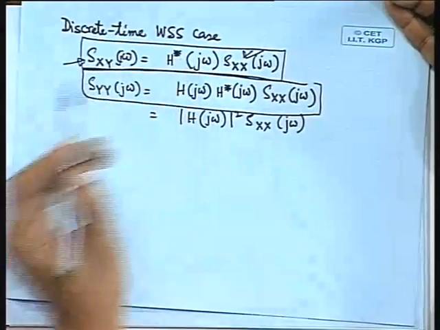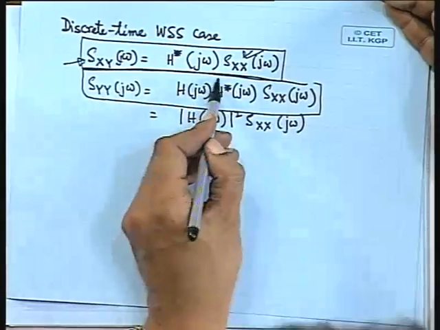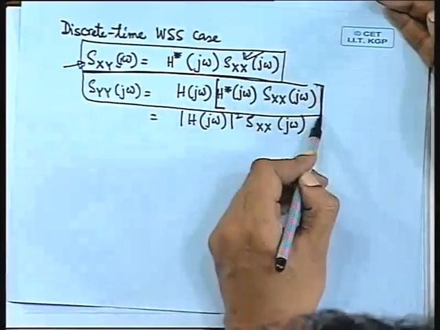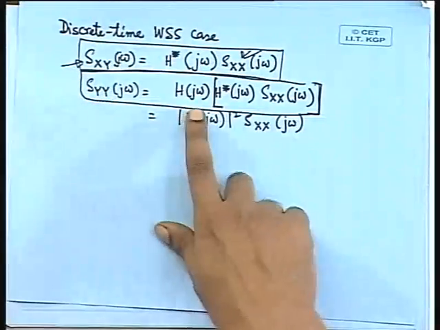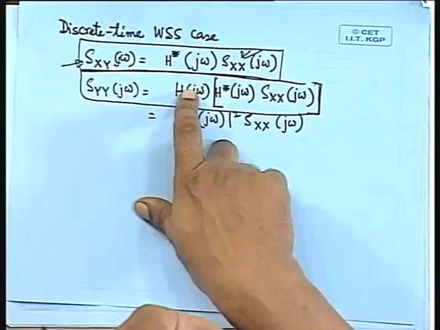So that's how you get Sxy j omega is h star, and then Syy j omega by the same formula will be now h j omega into Sxy j omega, because now you are transforming the first argument. So it will become h. It will not be h star, because now you don't have h of minus m, you have h of m.